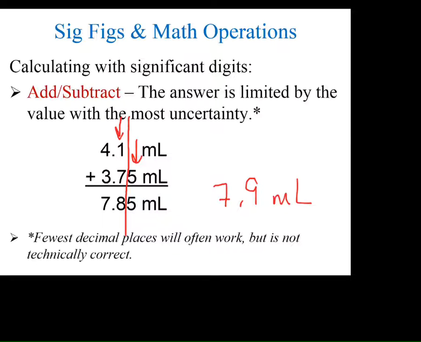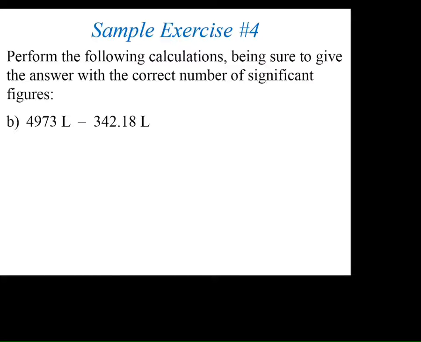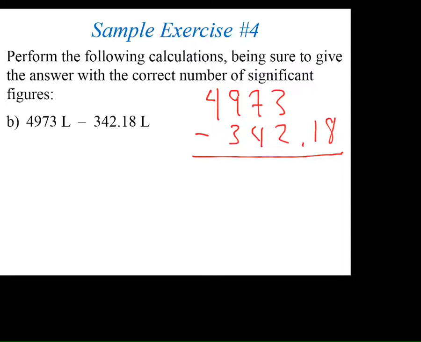Okay, so let me show you a couple more to make sense here, hopefully. Let me try 4973 minus 342.18 liters. Again, I really encourage you to try to line up the places. So I'm going to go ahead and line up 4973 with 342.18. You with me?